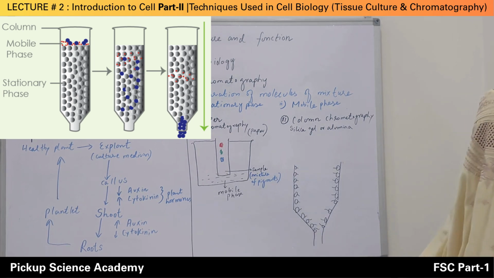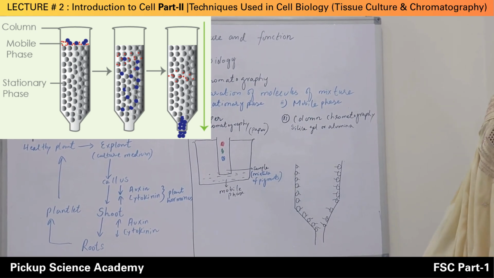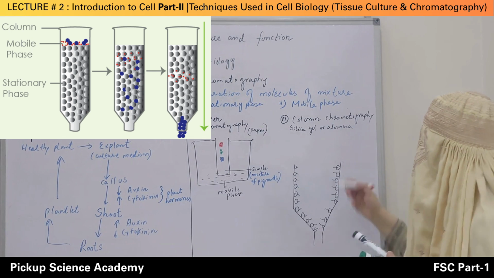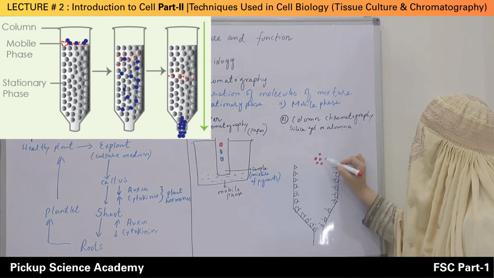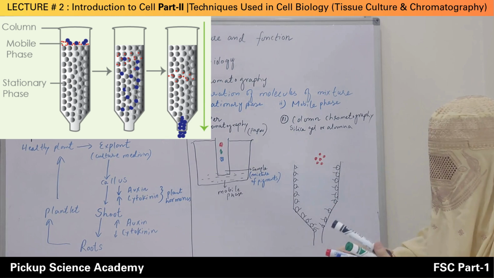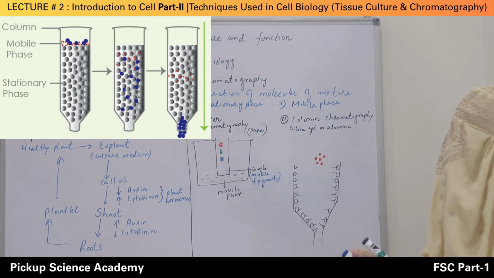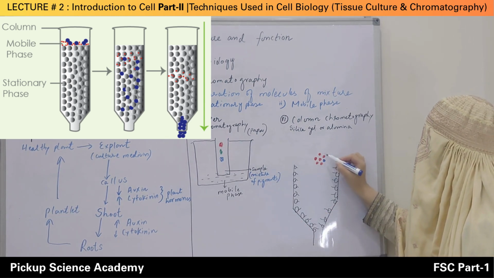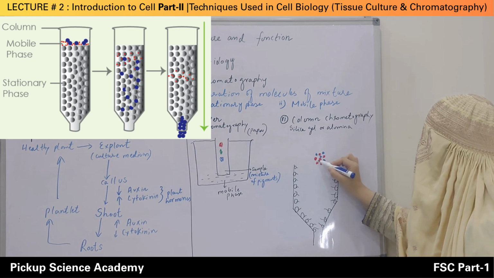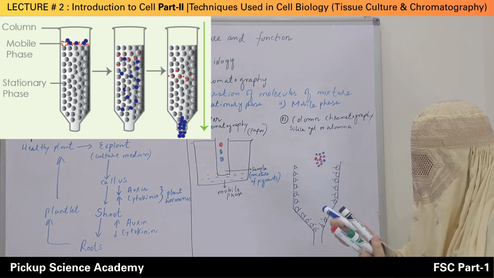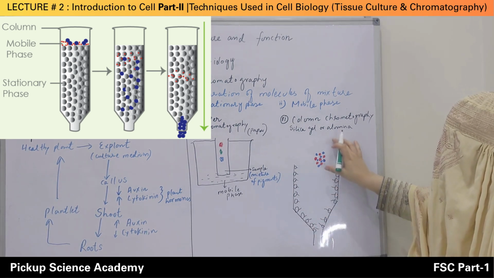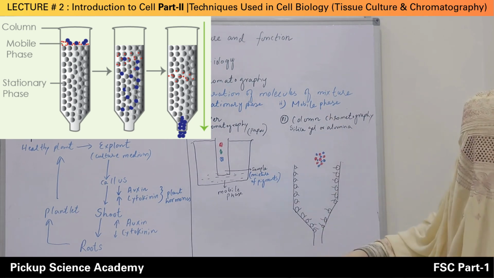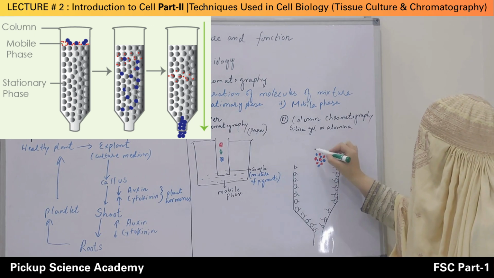Okay. So suppose we have a mixture which is composed of two types of particles. So we will put that sample over that column, by the help of a mobile phase.